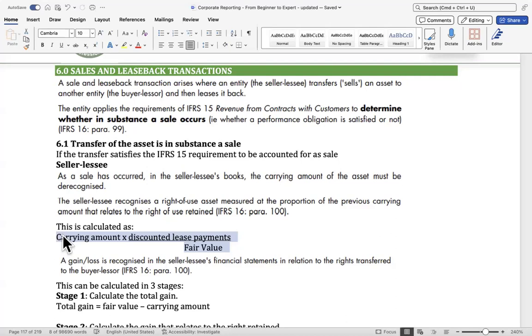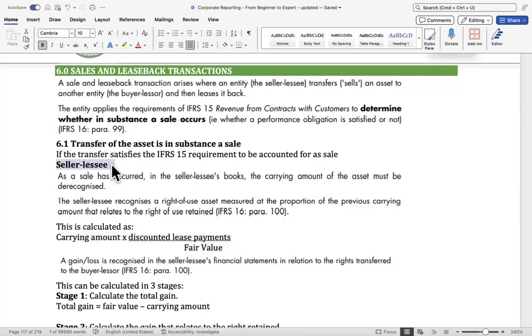When it comes to IFRS 15 guiding us, the ultimate determination is whether there has been a transfer of risk and reward from one party to another. If so, we say he has actually sold these goods or services, so it then becomes a seller lessee.